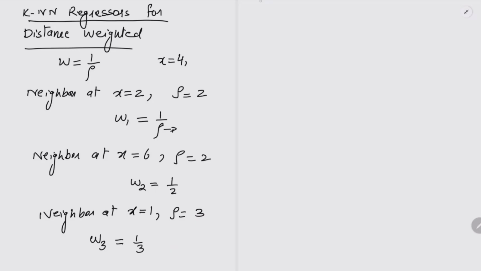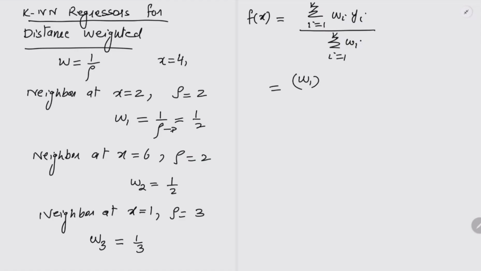Now the formula is the sum from i equal to 1 to K of Wi times yi, divided by the sum from i equal to 1 to K of Wi. W1 was 1 over 2, and what is the prediction at x equal to 2?